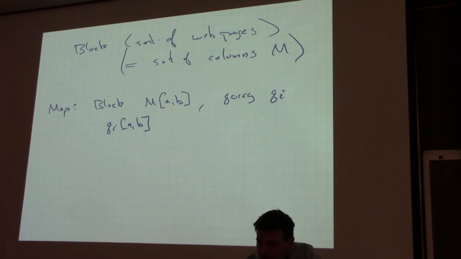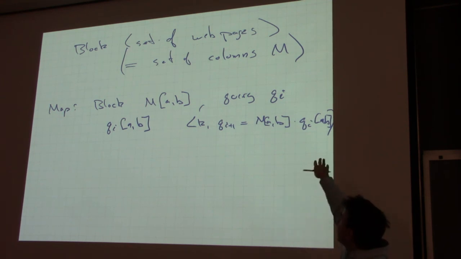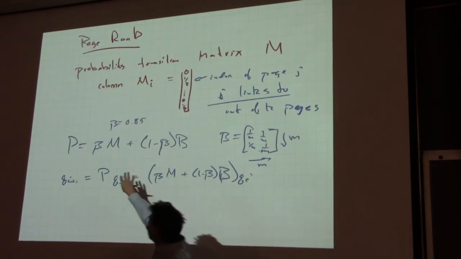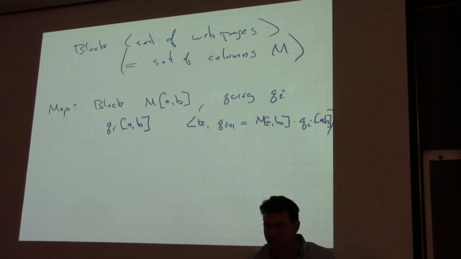The key here is not so important, but my q_{i+1} coming out of this block is going to be equal to M_AB times q_i_AB. Okay, so I'm going to process M_AB in here, and this corresponds with this part of the transition matrix, but only on those columns.